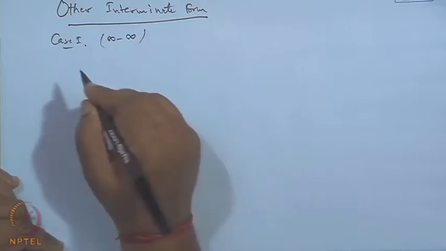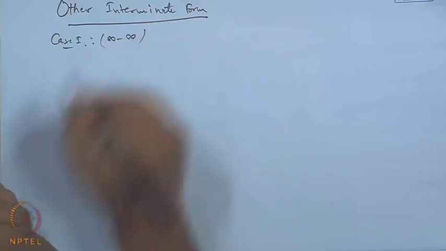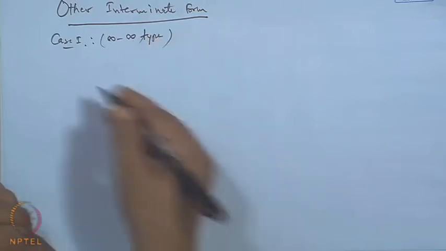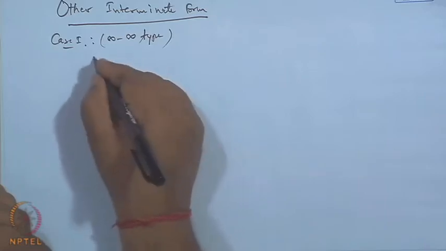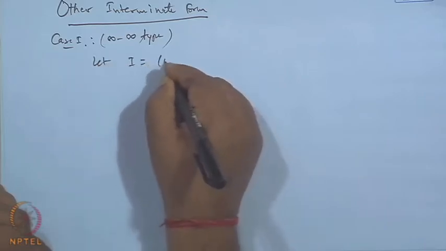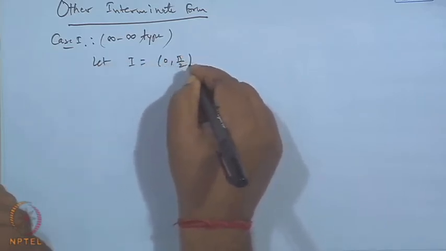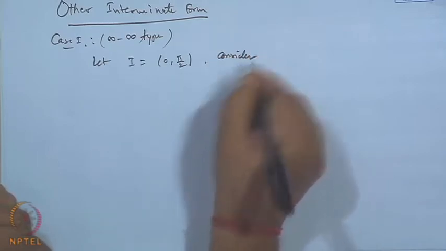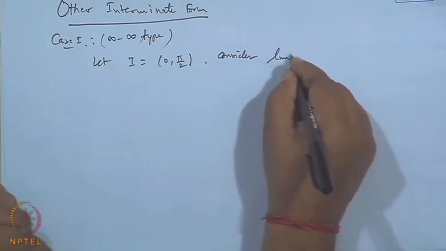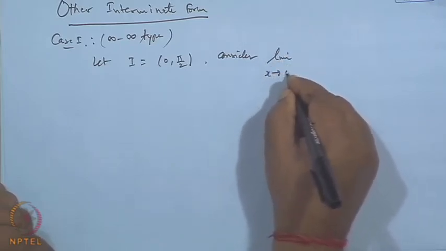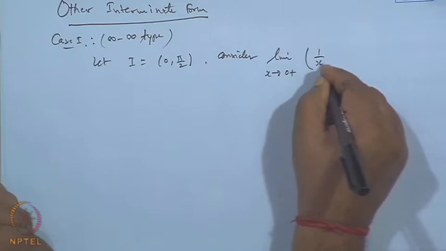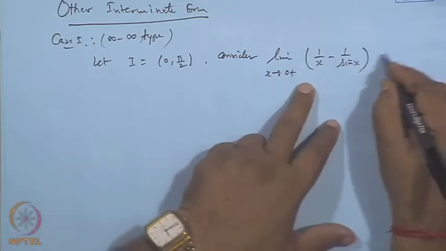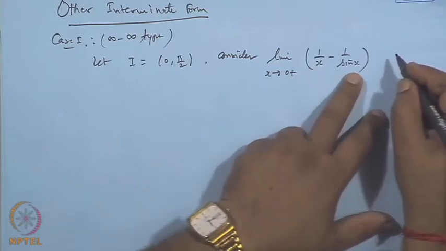I will give an example of this type. Say, let I be the interval 0 to pi by 2, and consider the limit as x tends to 0 plus of 1 by x minus 1 by sin x. When x tends to 0, it is of the form infinity minus infinity.